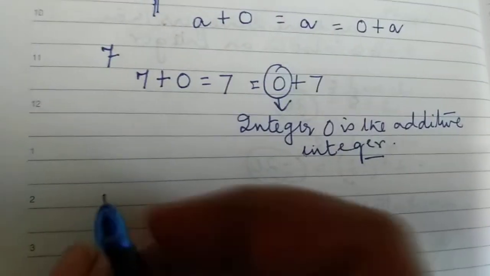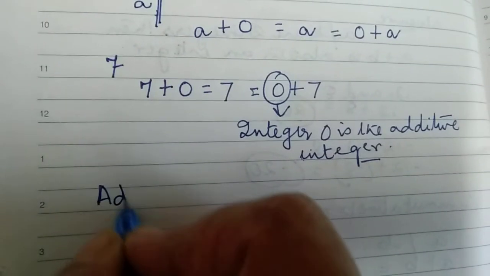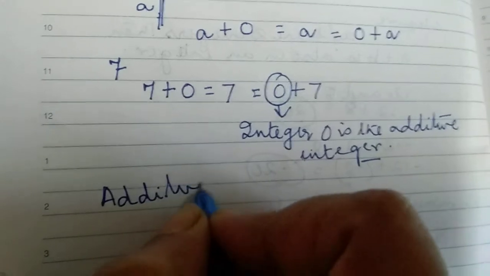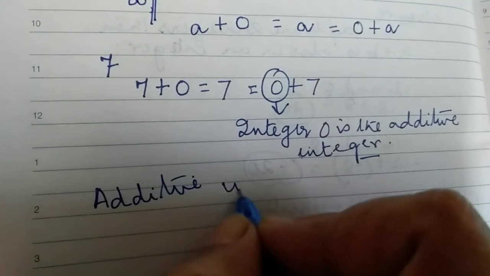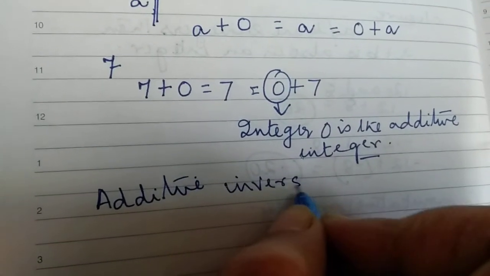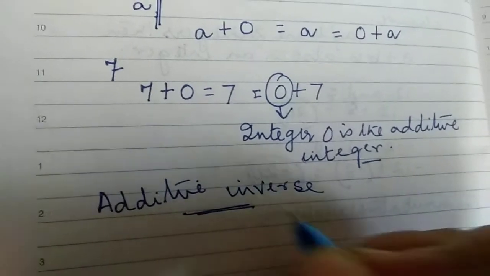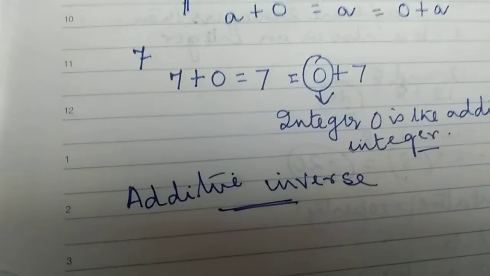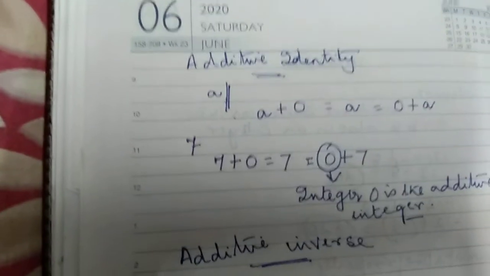That is called the additive identity. Now I move on to additive inverse. Now what do we mean by additive inverse? So 0 is the additive identity.